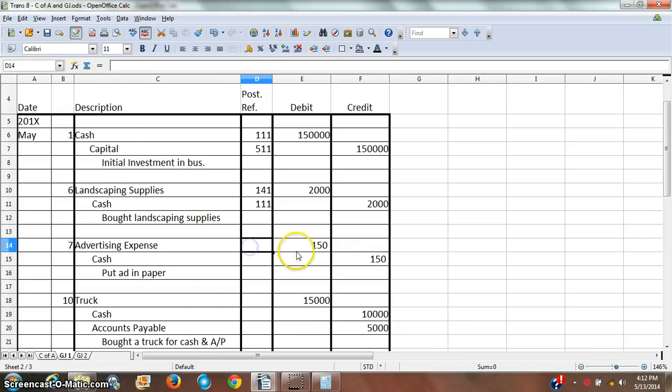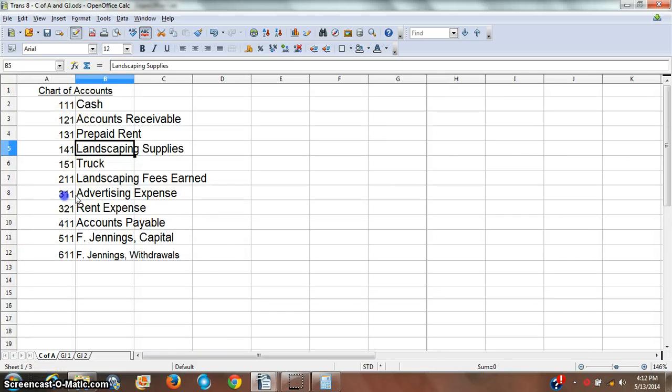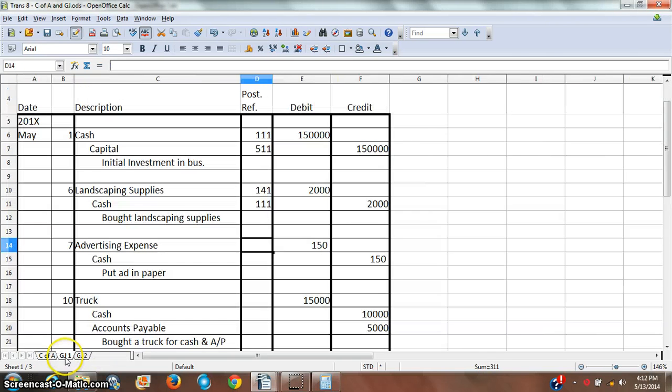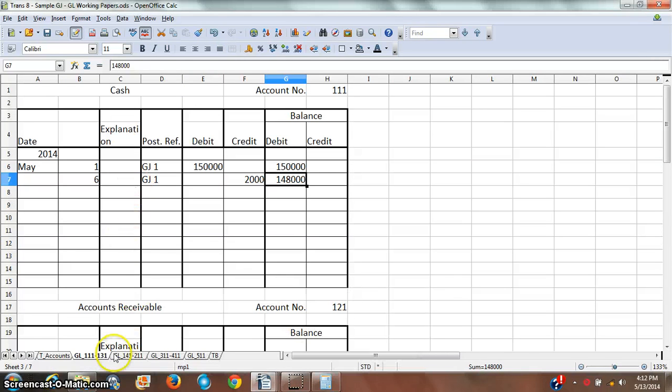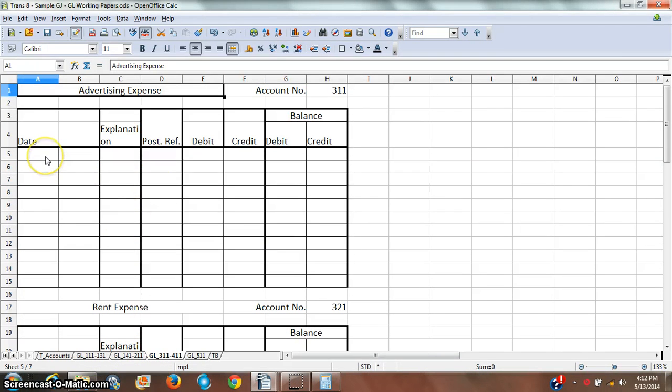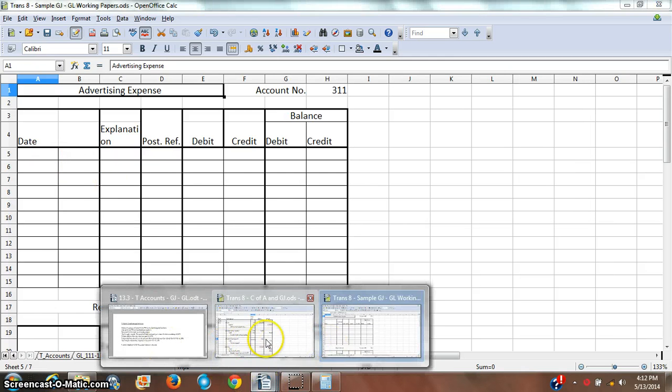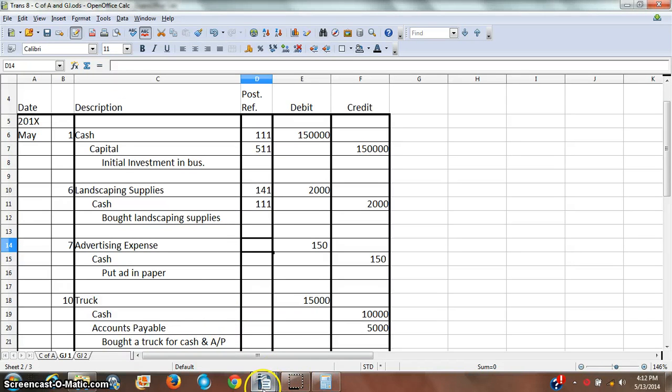Now it's time for the third. Advertising expense. That's account 311. Come over here, find account 311, advertising expense. The date on that was May 7th.